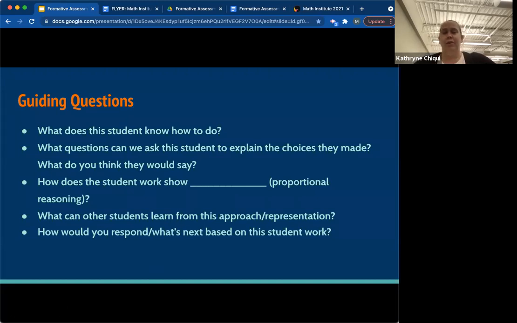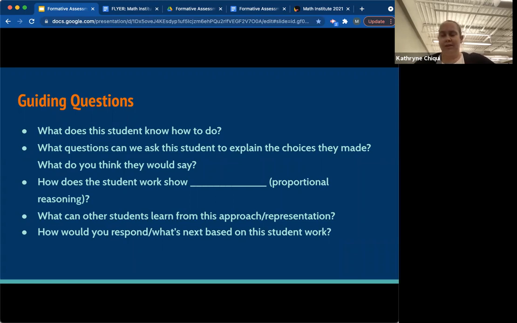What can they do? That's a really important perspective that we want to encourage you to take when you're looking at student work. Start off at what they do know, and then let's build from there. We want to determine where students are at, and if they need support, what support they need, and what extensions we might give students if they've already got it.